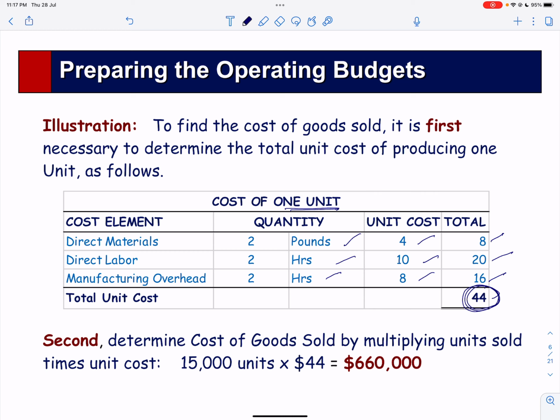Second, determine the cost of goods sold by multiplying the units sold times unit cost. The unit cost is 44 and so assuming that the units sold are 15,000, the total cost of goods sold is 660,000.